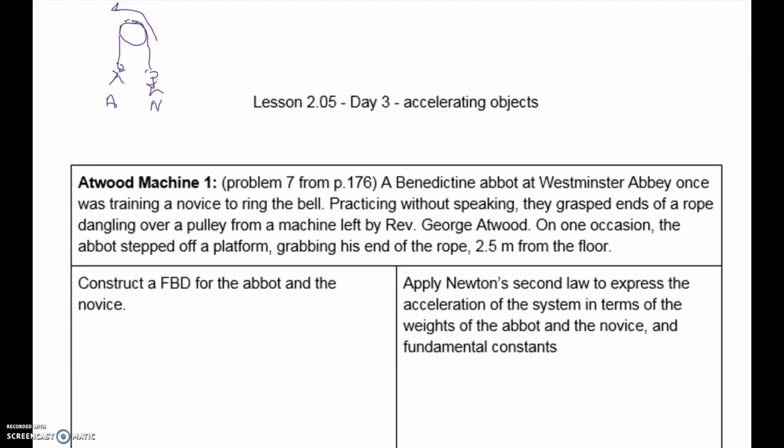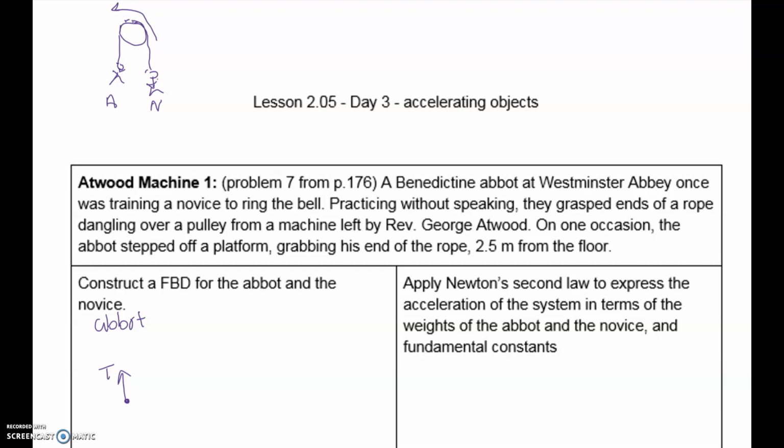All right, so let's go back to looking at the free body diagrams here. Let me keep our depiction here. First, let's look at the abbot. We'll draw a dot representing our abbot. We've got two forces going on here. We always have the force of gravity acting on our object, and then we also have tension. Tension acts in the direction of the rope, so that's going to be straight up. I'll label that with a T for tension. And then we have the force of gravity.